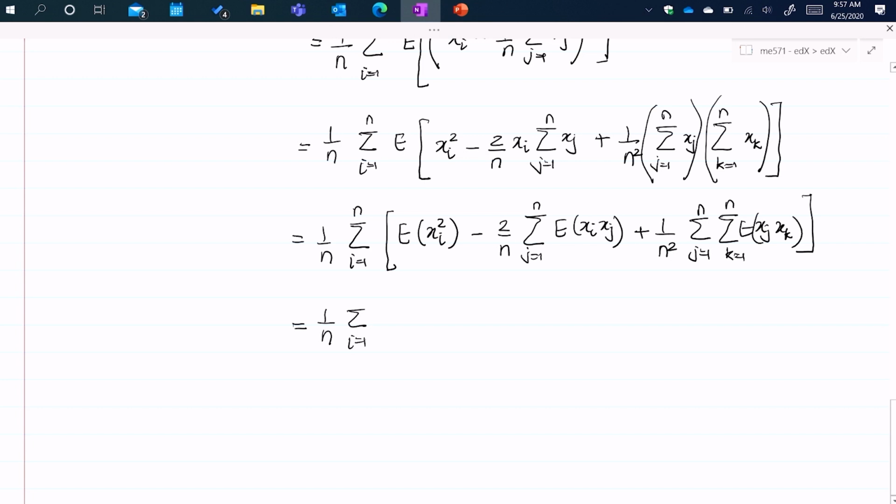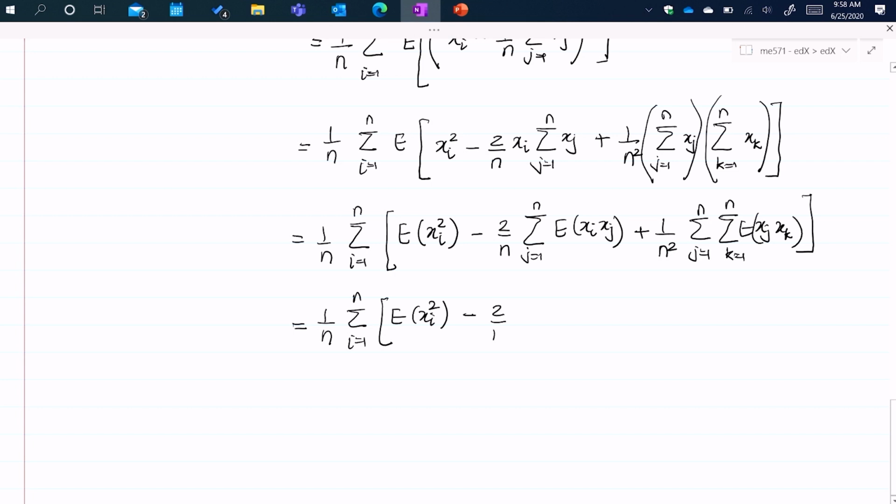So I'm going to write i equal to 1 to n of the expected value of xi squared minus 2 over n summation j not equal to i. So I'm going to take out the i term. Maybe I should take that out and write that first.